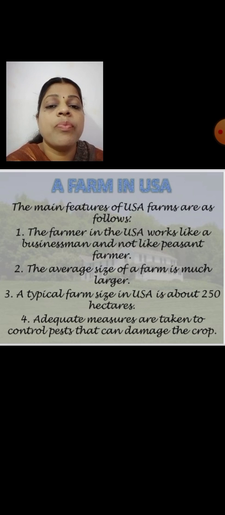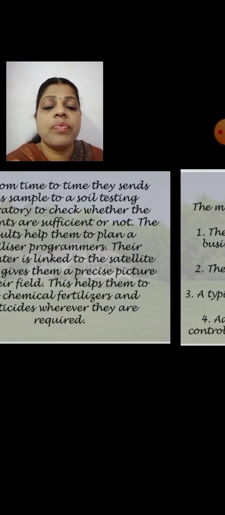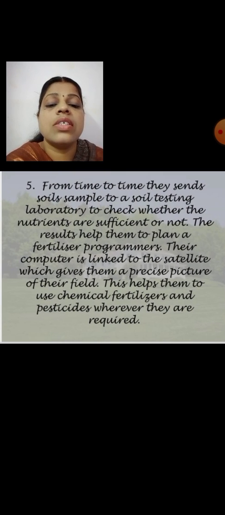That is the fourth feature of the farming system in America. The next one is that from time to time they send soil samples to a soil testing laboratory to check whether the nutrients are sufficient or not. So children, we know that for the sufficient growth of the crops, the soil is a prerequisite factor.